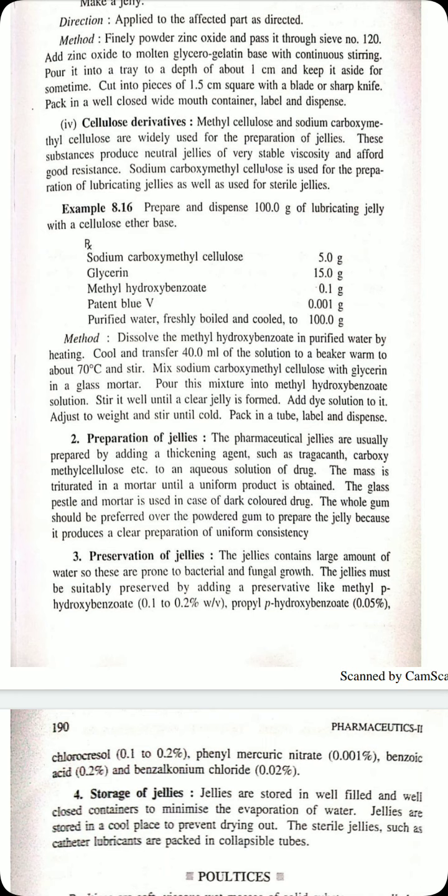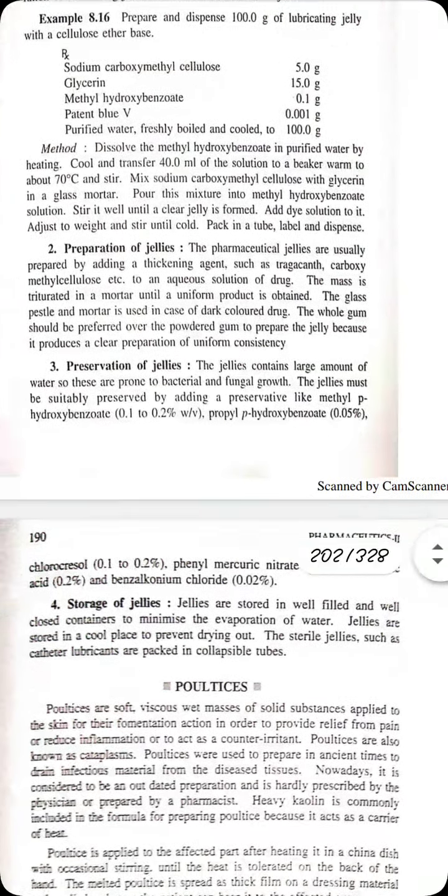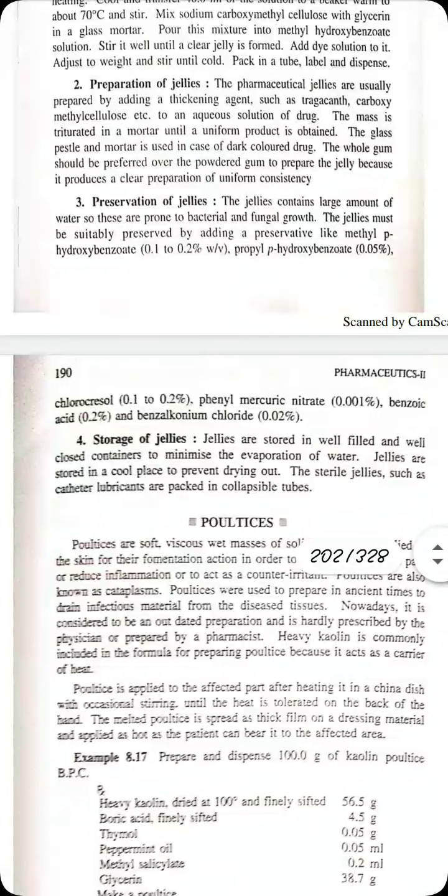If the drug is dark colored, the glass pestle and mortar are used. The whole gum should be preferred over powdered gum to prepare the jelly because it produces a clear preparation of uniform consistency.